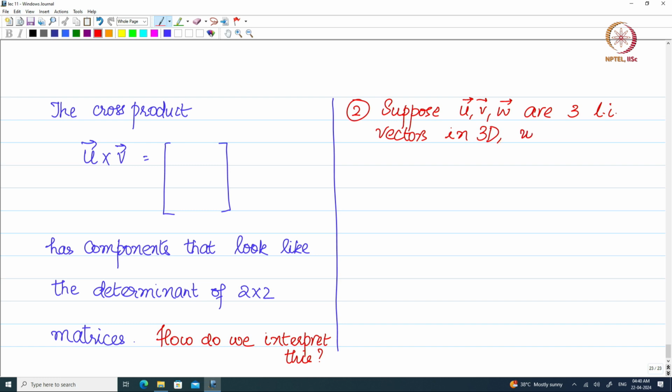Now, what is the geometry formed, and what are the features? That is exactly where we are going to get to the idea of the volume of a parallelepiped and so on. So, in the next lecture we will answer these two questions.